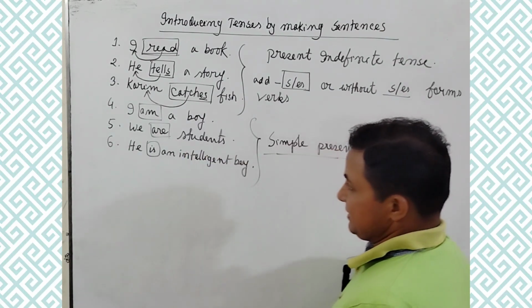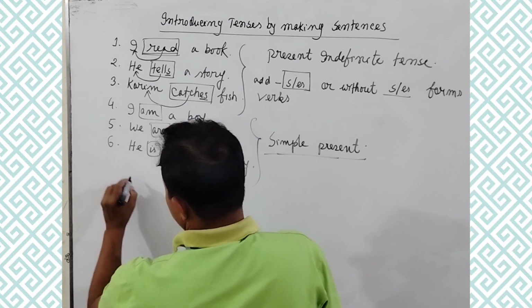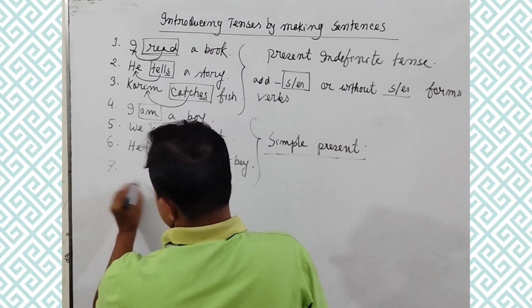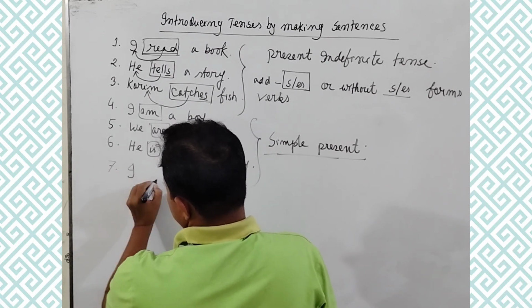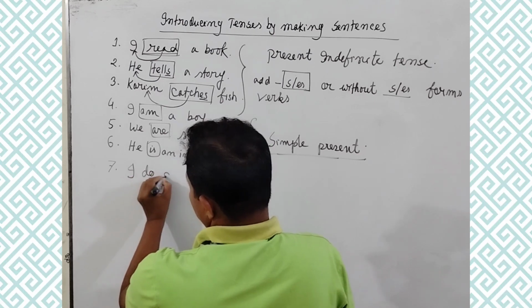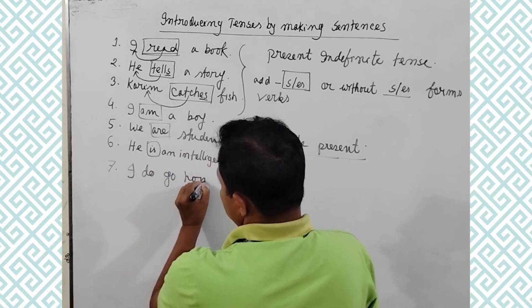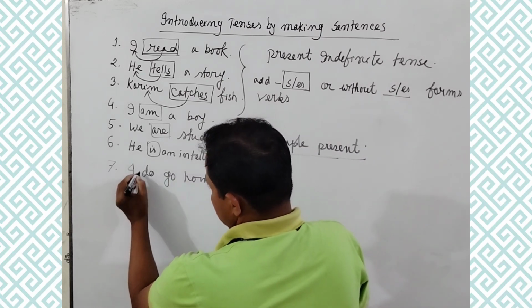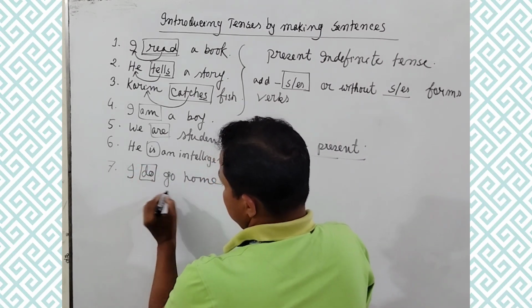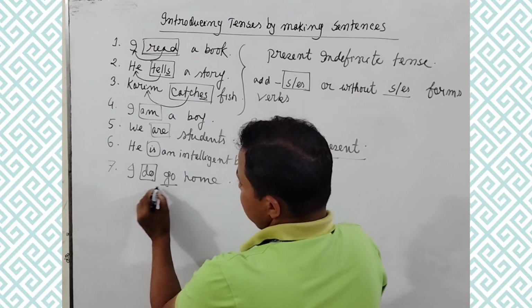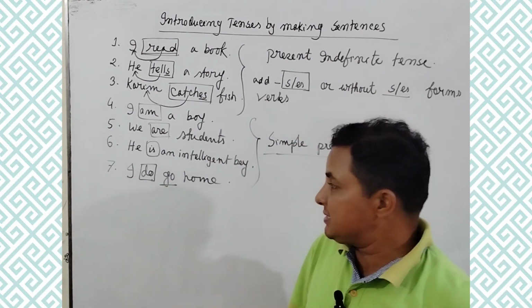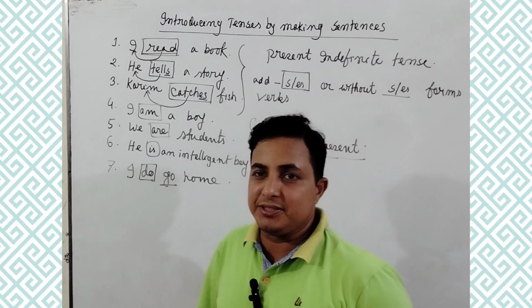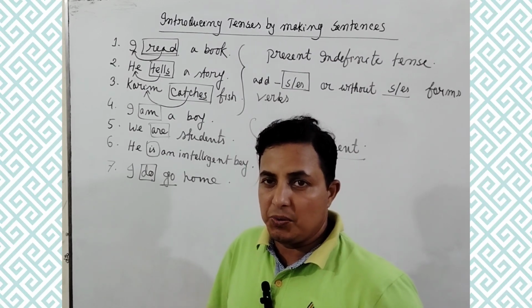Now I am going to write down. That means if I say I do go home, after the subject we use an auxiliary verb then the base form. This kind of sentence is not wrong, it's correct. Why?